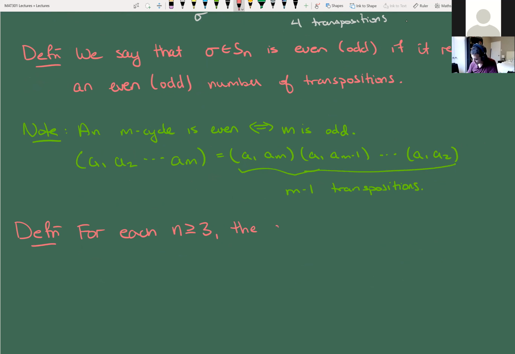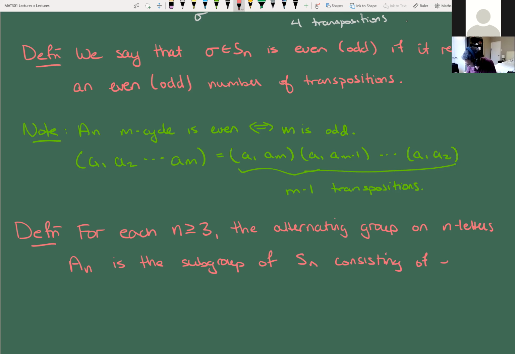The alternating group on n letters, and the way that we write that is A sub n, is the subgroup, and we're going to have to prove that it's a subgroup, but it's the subgroup of S sub n consisting of even permutations. So the alternating group is the subgroup of even permutations.